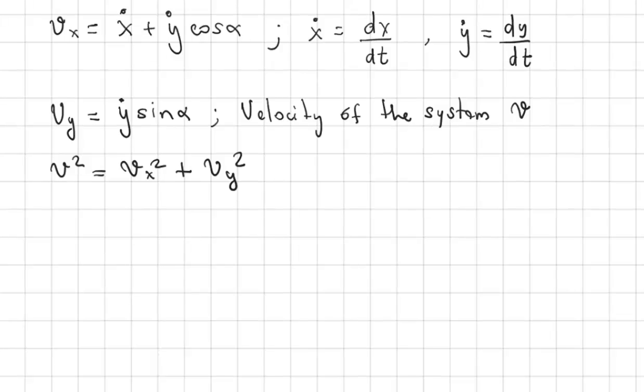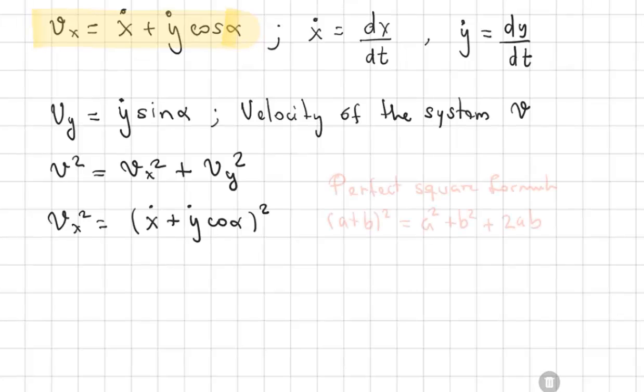So we want to find the squared velocity; we want to find first Vx squared and Vy squared. Vx squared is given by this: x dot plus y dot cosine of alpha, all squared, right? So we want to use the perfect square formula.